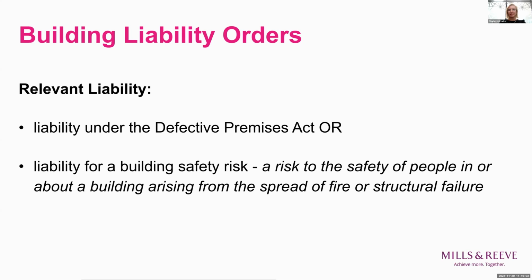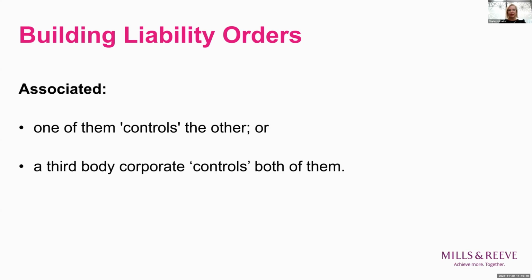So the next point is, when is a company associated with another company? A company is associated with another company if one of them controls the other, or else a third body corporate controls them both. So the first one is sort of a parent and subsidiary structure, and the second one would be a company and sister company type situation.